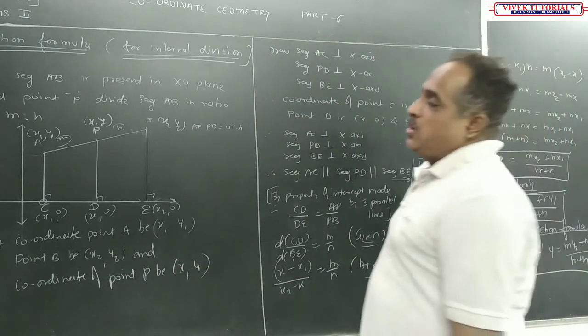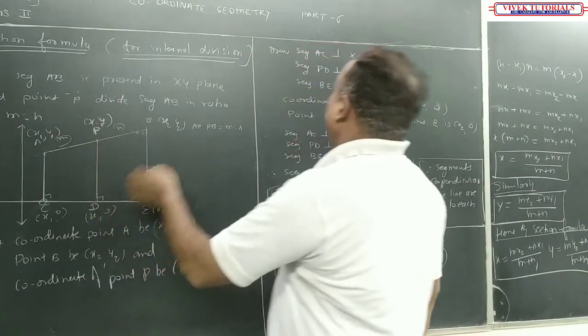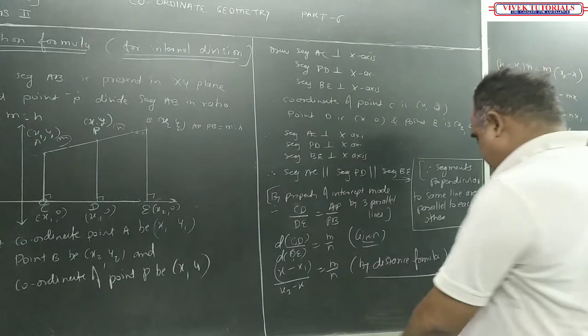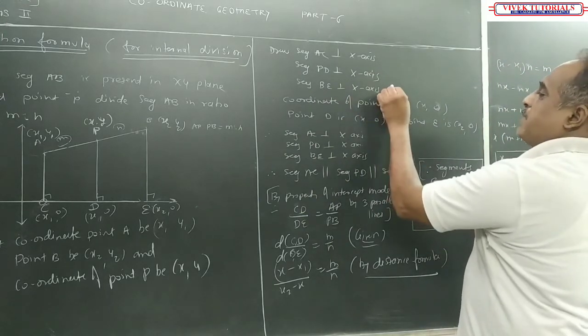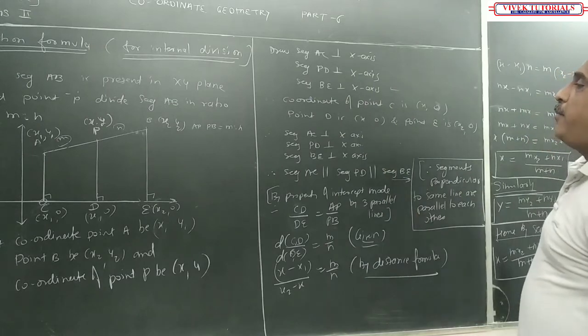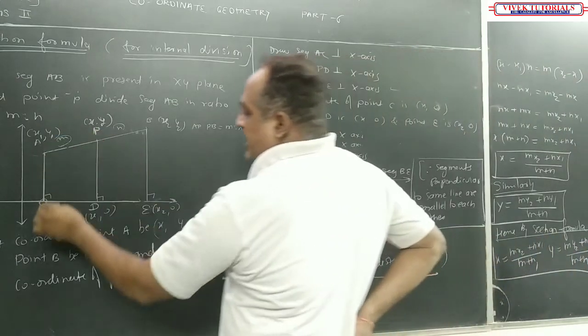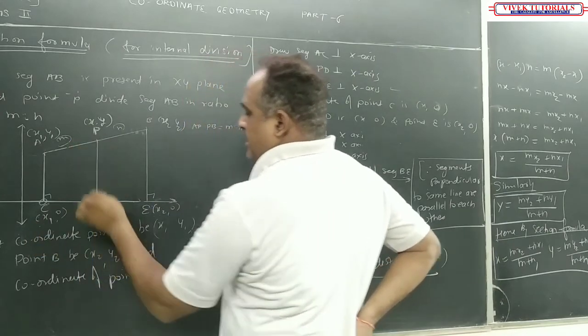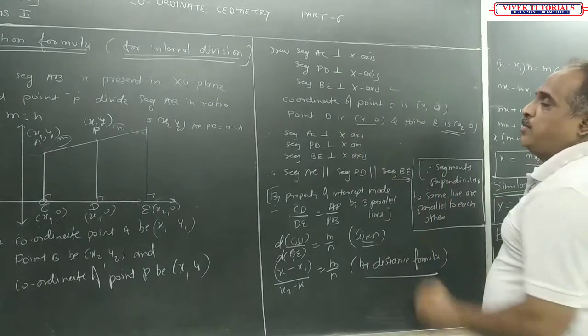First we will draw perpendiculars. AC is perpendicular to x-axis, PD is perpendicular to x-axis, correct? And BE is perpendicular to x-axis. When this is x1, the coordinate of C will be x1 comma 0, D will be x comma 0, and E will be x2 comma 0.